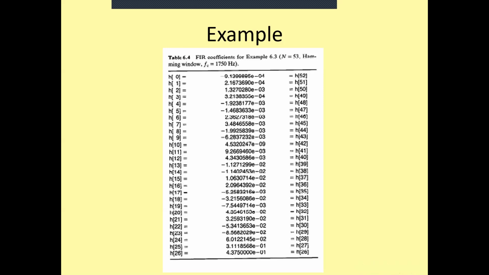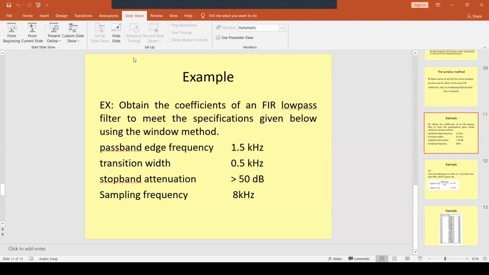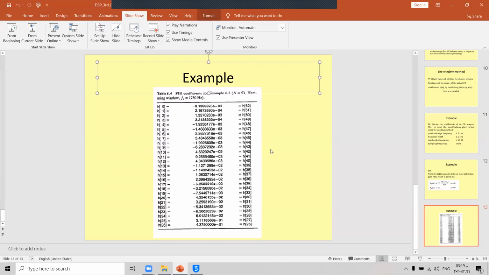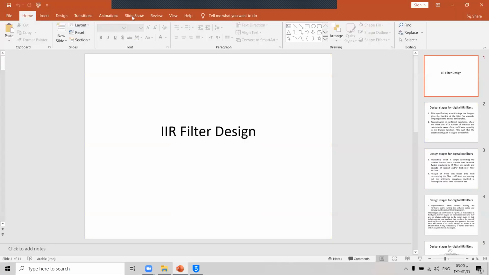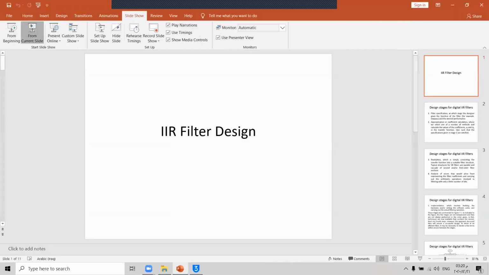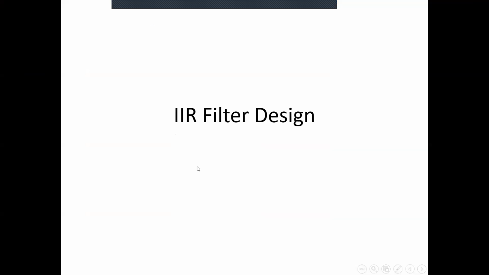Up to now we have talked about the design of the filter using the window method. Now we have another kind of filter, which will be the IIR filter. Now, IIR filter design. To design the IIR filter, we have basically 3 techniques.